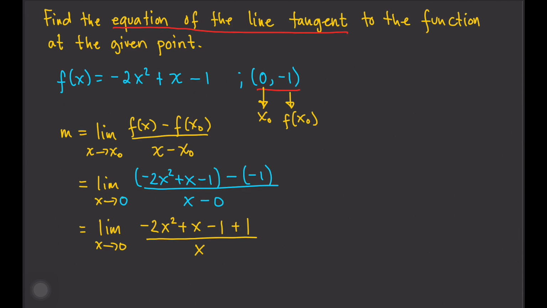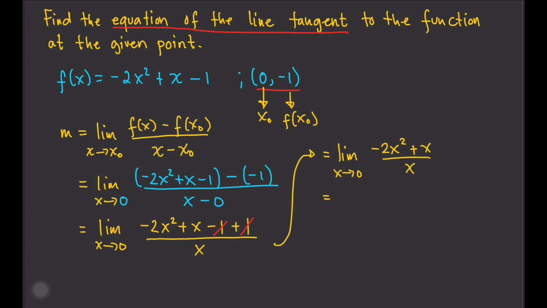Let's continue that here. So -1 plus 1 is 0, and so that gives us the limit as x approaches 0 of negative 2x squared plus x over x.